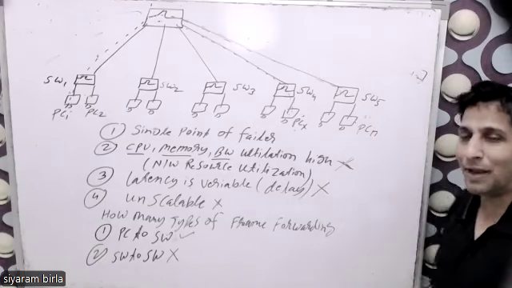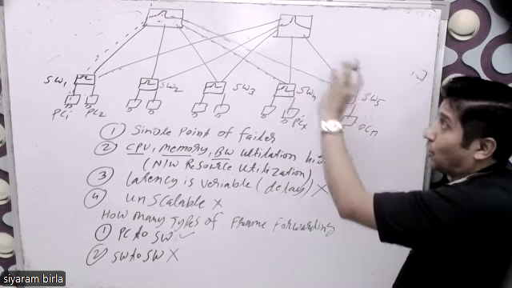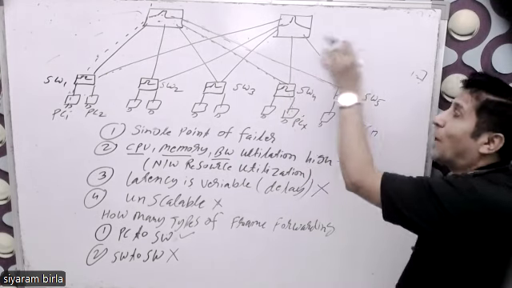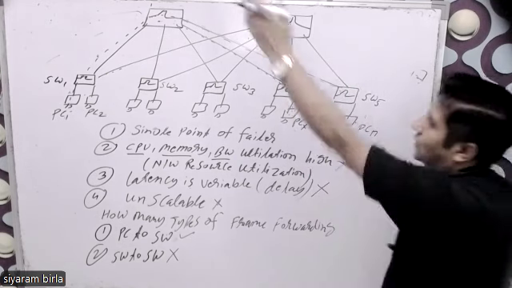Both switches have the same capacity, so if one link goes down, it will shift to the other link. So for link level, I have provided redundancy. For switch level, I have also provided redundancy. Redundancy means backup. So if one switch goes down, the whole network will not go down. So the single point of failure will be resolved.